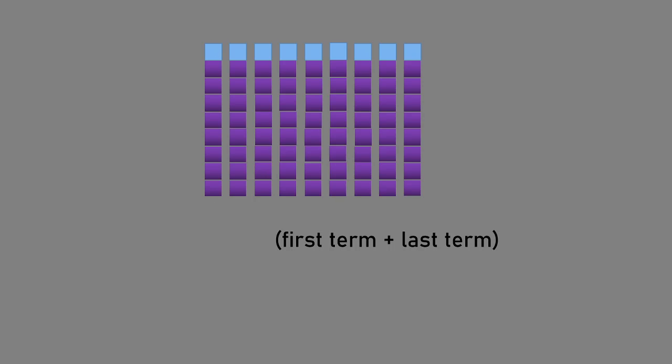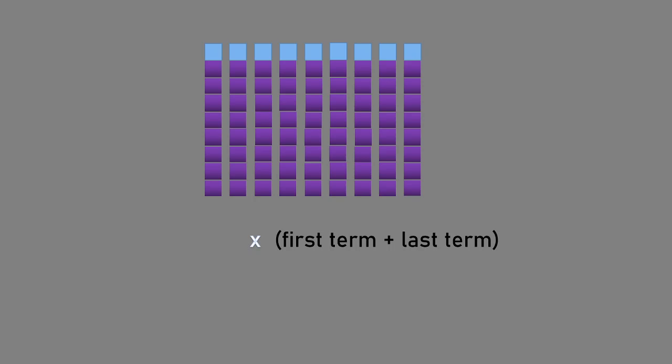I'm trying to add all this up. One column is first term plus last term. Then that is multiplied by how many columns there are: 1 2 3 4 5 6 7 8 9. In this case there are 9 columns.